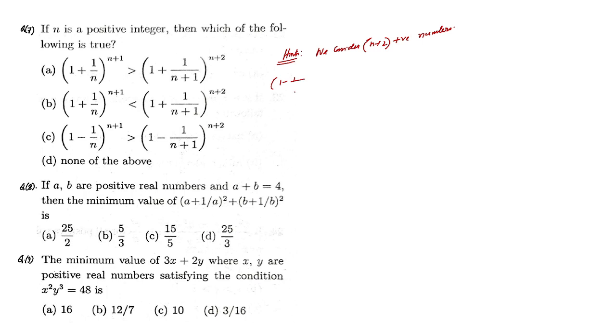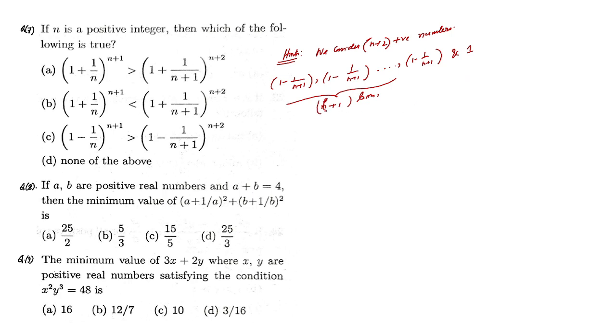1 minus 1 by n plus 1, 1 minus 1 by n plus 1, 1 minus 1 by n plus 1. That number you will consider n plus 1 times, and 1. So that means total n plus 2 numbers.